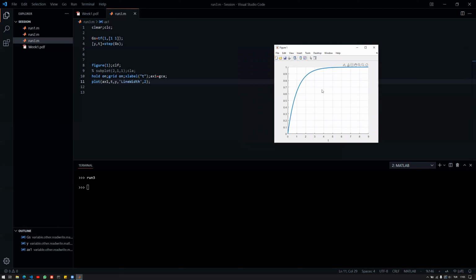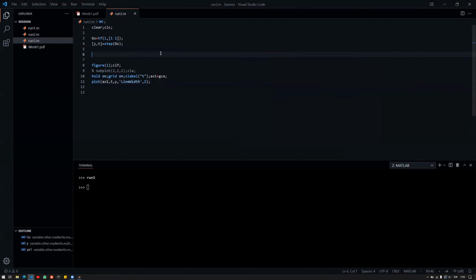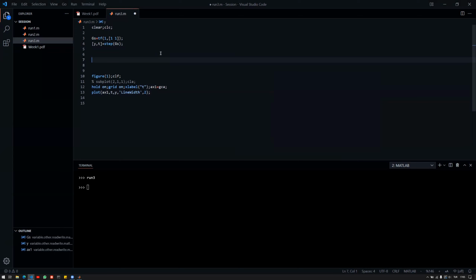Now what I want to do is use the step function again, but a little bit differently so that I will get the ramp response, the impulse response, etc. So how is this possible? In order to understand this, we have to focus on the step function. If I'm talking about a transfer function, I'm talking about the Laplace representation of the relation between input and output, which in our case is 1 divided by s plus 1.